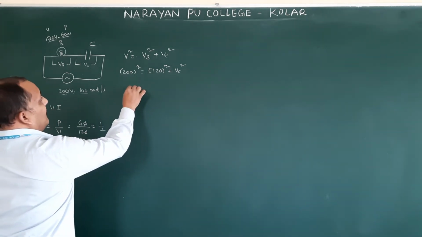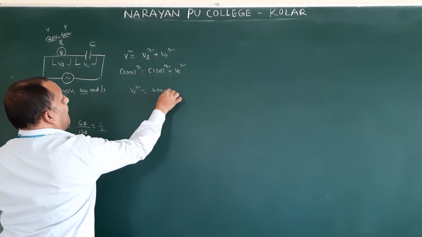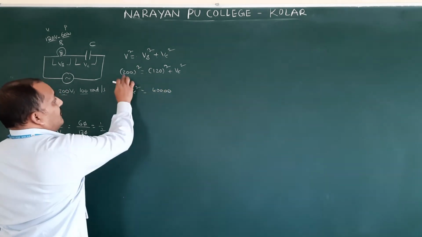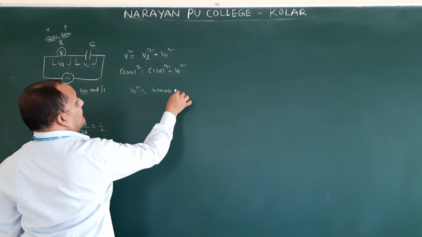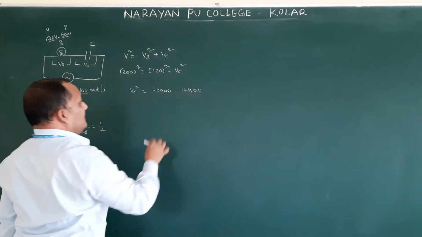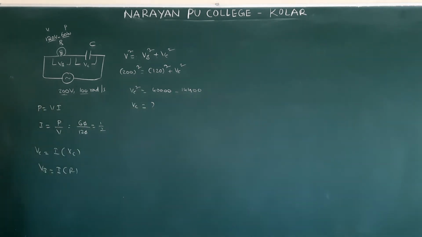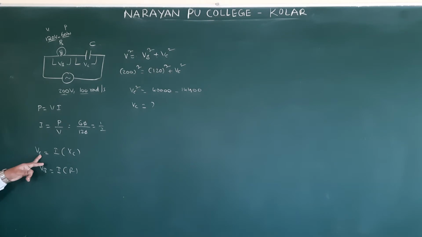So VC square is equal to 4 zeros minus 12 tells are 144, 2 zeros. So you will be getting VC. Then substitute this VC value here.